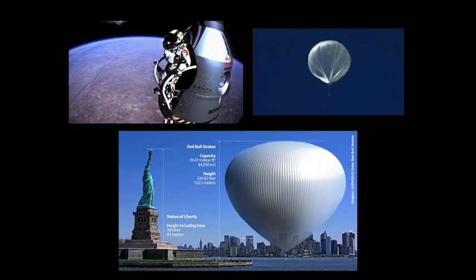Facebook and Google were testing balloons, both balloons and solar-powered aircraft that could stay up for like 3 months at a time to act as internet relays in India and Africa where they just don't have infrastructure. You go to Indonesia or Southeast Asia, and they didn't have any infrastructure for any of this stuff.